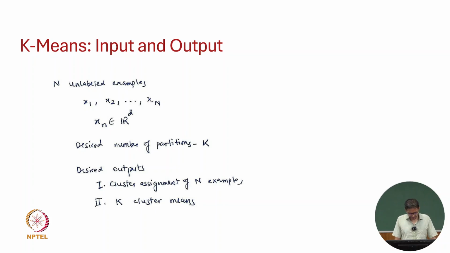In our particular example from cricket, it's like k captains, and each of the players is assigned to one of these captains. Of course, if you have these k cluster means, you can also derive the cluster assignment of the n examples yourself. So the second desired output is already enough, but for the sake of completeness, we are mentioning these two different desired outputs.